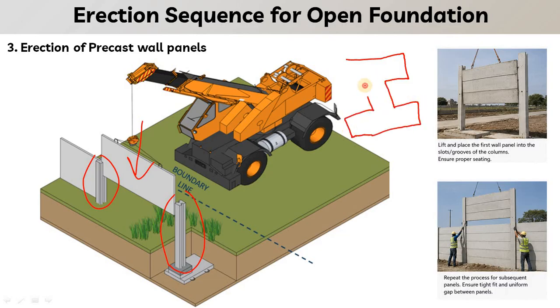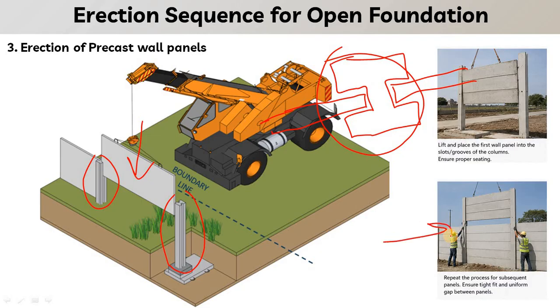The columns will be provided with grooves, in which the panel will be slid from the top on both sides. So this will be the connection detail for the column with sliding panel concept. Here you can see the columns, 1 and 2, and the panel has been lowered from the top between the grooves.